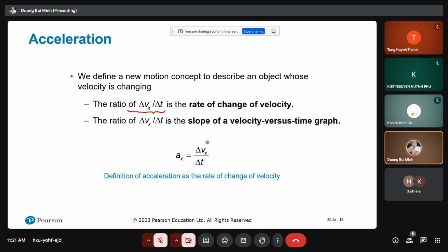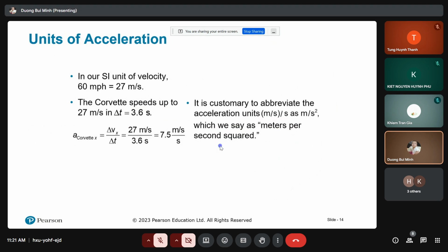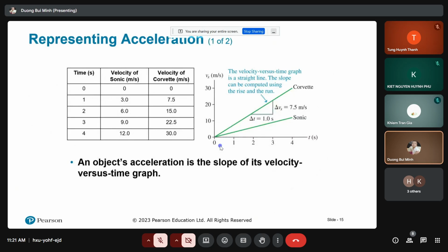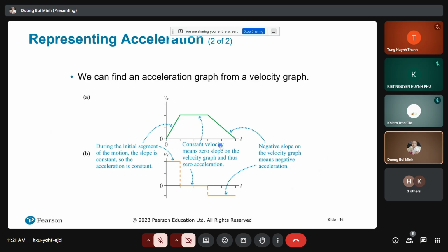The slope of Vx is Ax. So remember that the definition of acceleration is the rate of change of the velocity, or we say the slope of Vx is Ax. Now very easy, so just skip it.